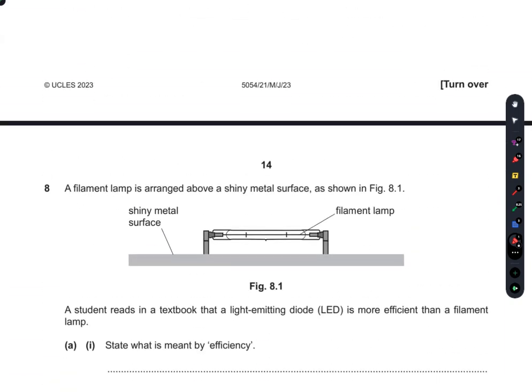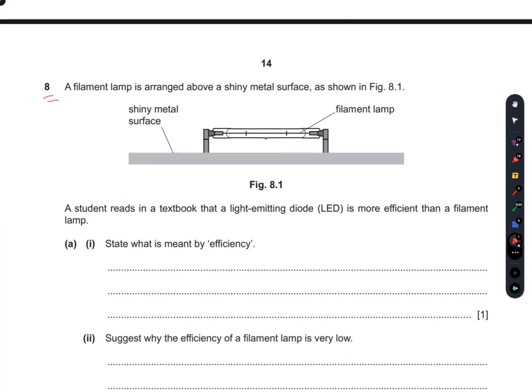Question number 8. A filament lamp is arranged above a shiny metal surface as shown. A student reads in a textbook that an LED is more efficient than a filament lamp. State what is meant by efficiency.